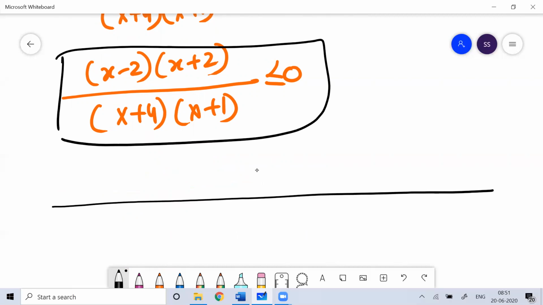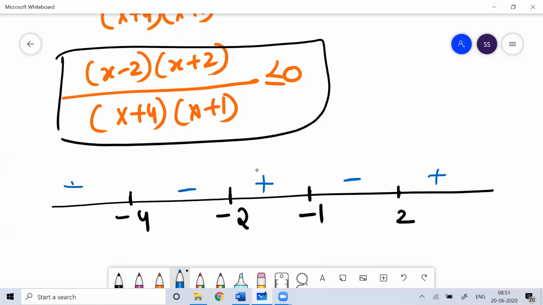So here the critical points would be minus 4, minus 2, minus 1 and 2. Okay, all are having odd power, so the sign would be plus, minus, plus, minus, plus.